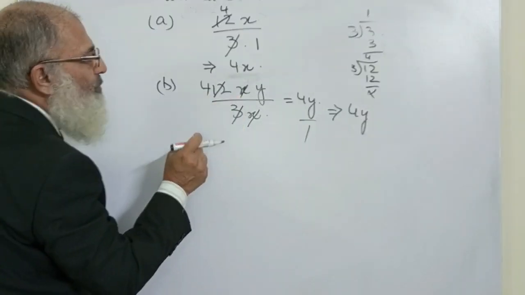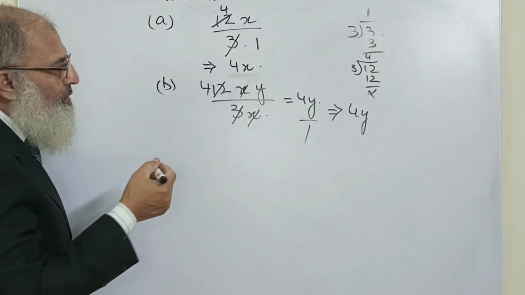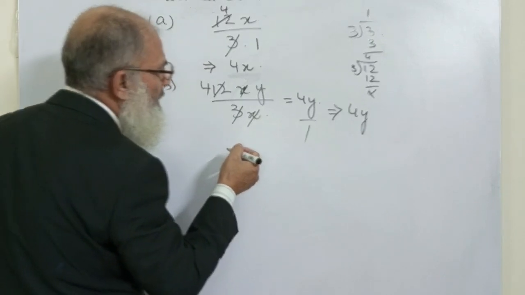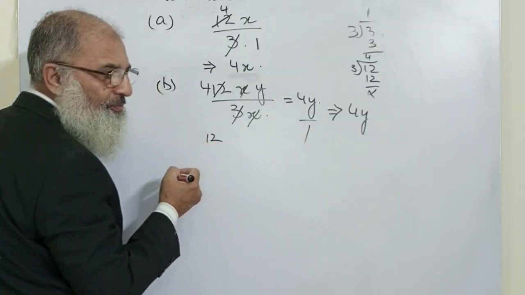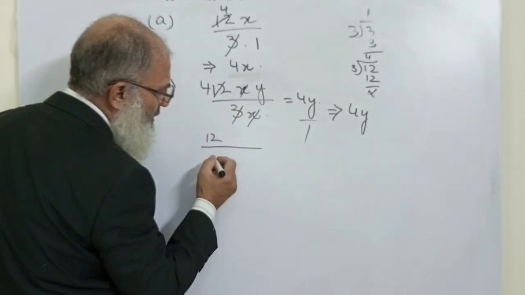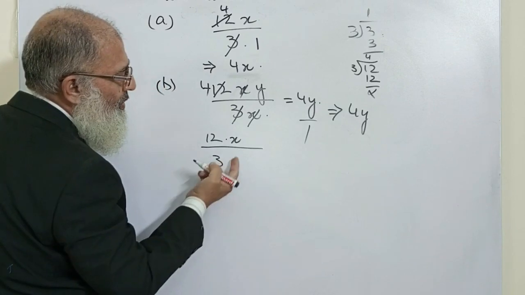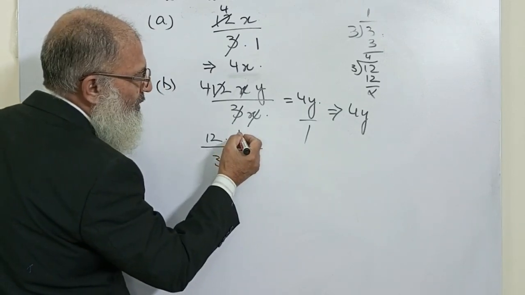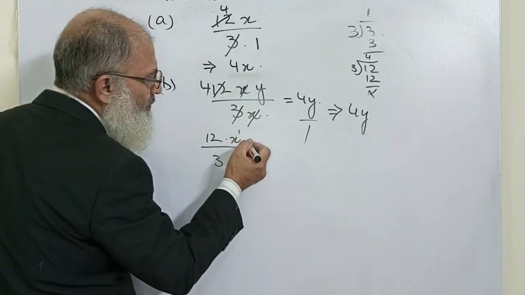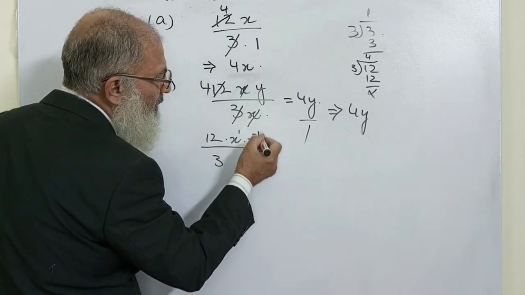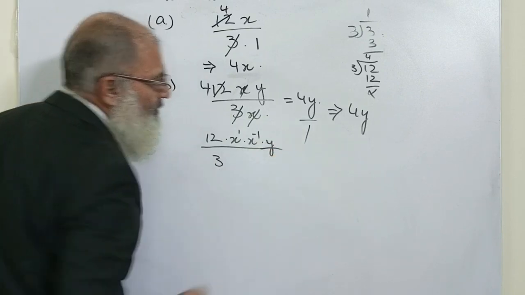There is one more thing you can see for your knowledge. You see that this is 12 and this is x. Now if we bring this x over here, it carries one index, so it will become x to the power -1. And now this is y over here.